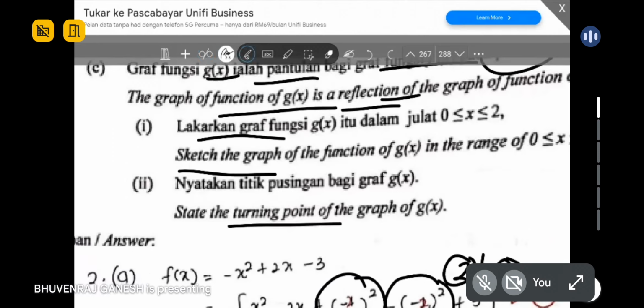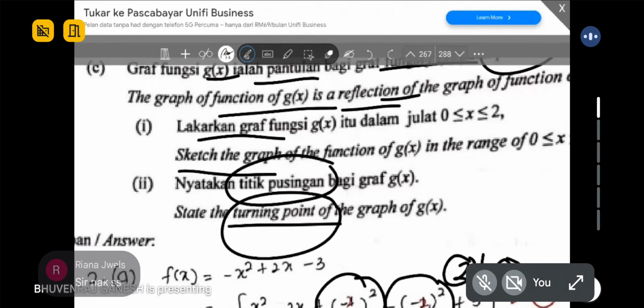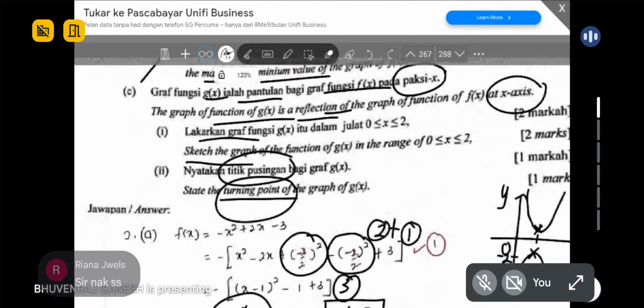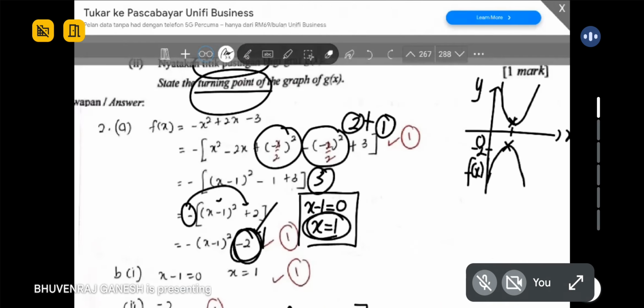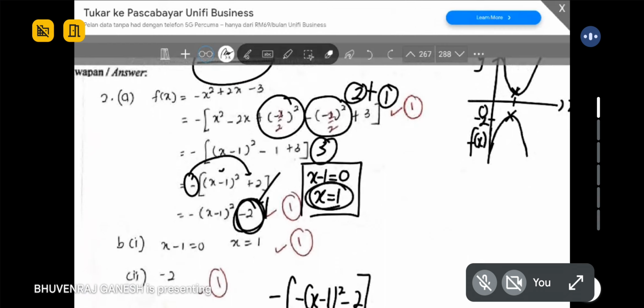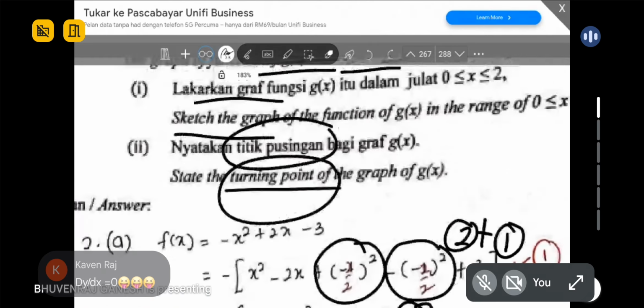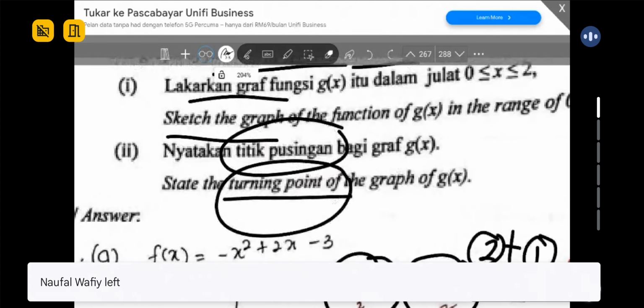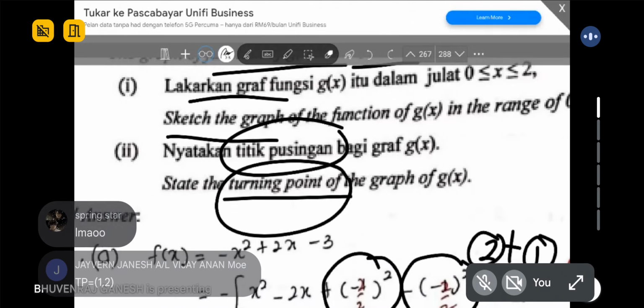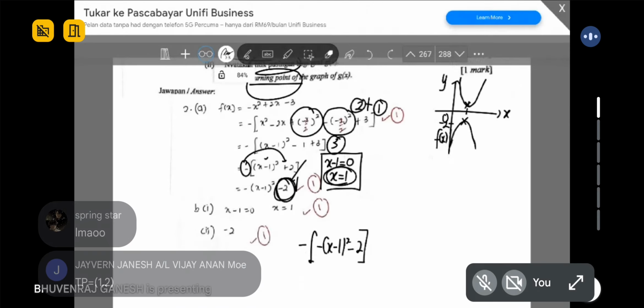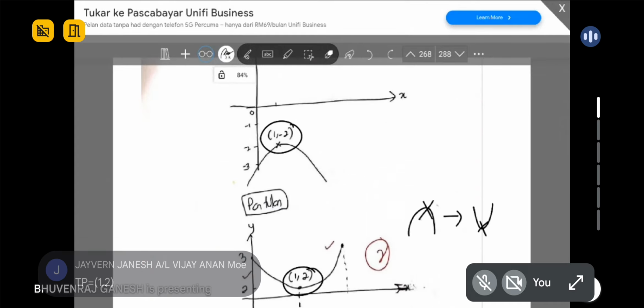So now the question says, what is the turning point, guys, of the graph? Apa titik pusingan? You just refer to your graph.